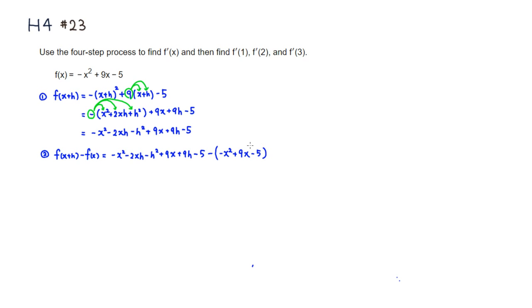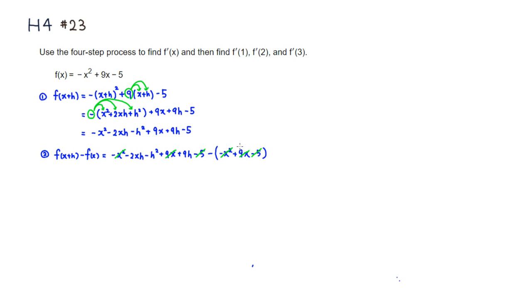Then we can cancel a bunch of the common terms here. There's a negative x squared here, minus the same thing. Then you have a 9x here, minus 9x. You have a negative 5 here, minus negative 5.